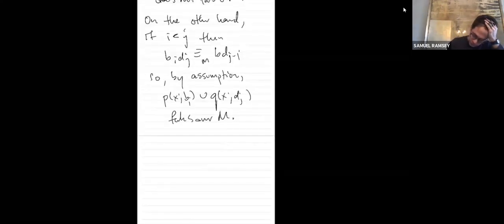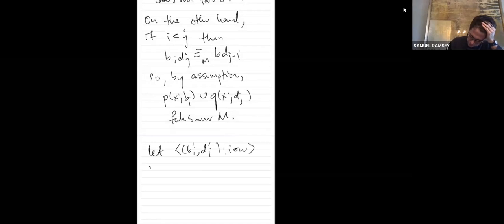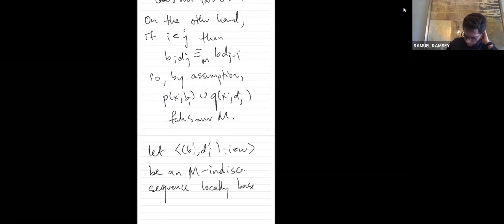So what we'll do is let B'_i, D'_i, as i ranges over the natural numbers, be an M-indiscernible sequence locally based on the sequence B_i D_i, i less than omega.